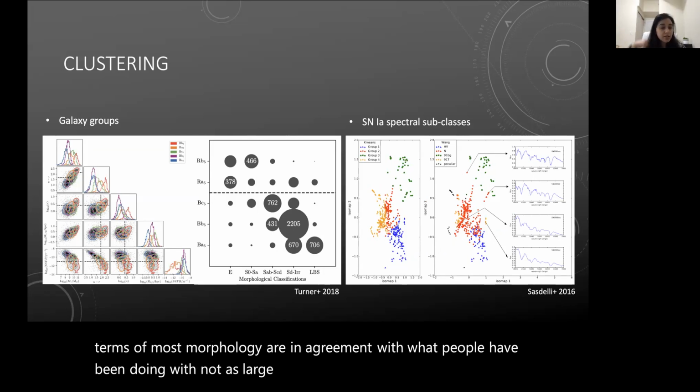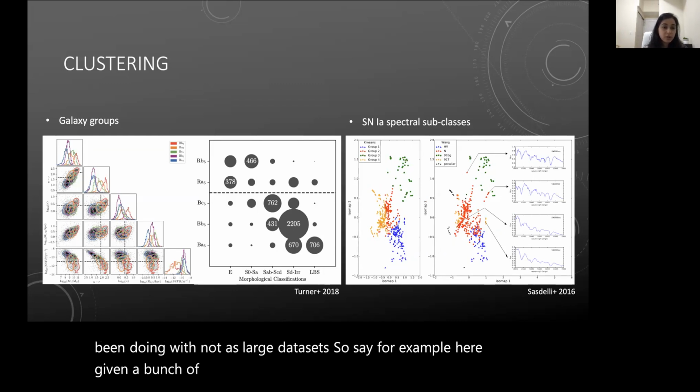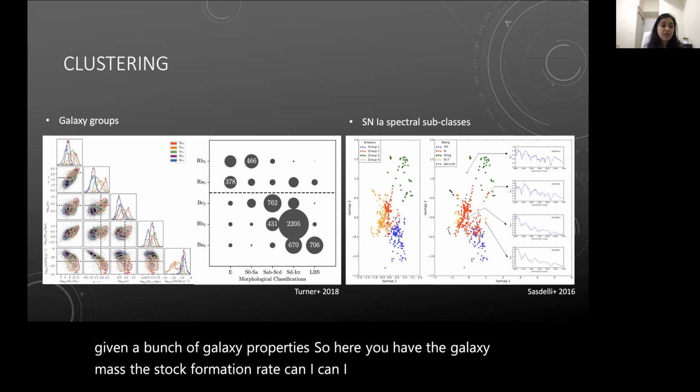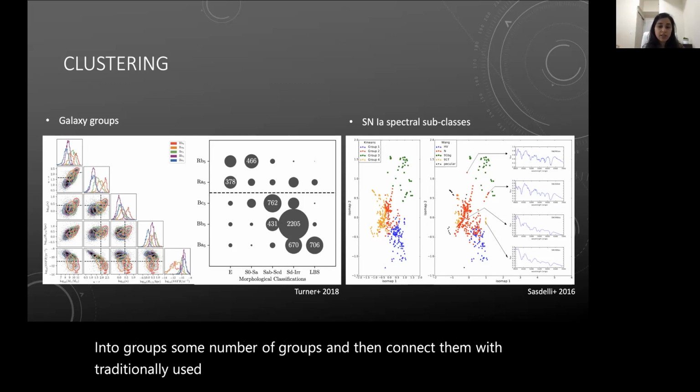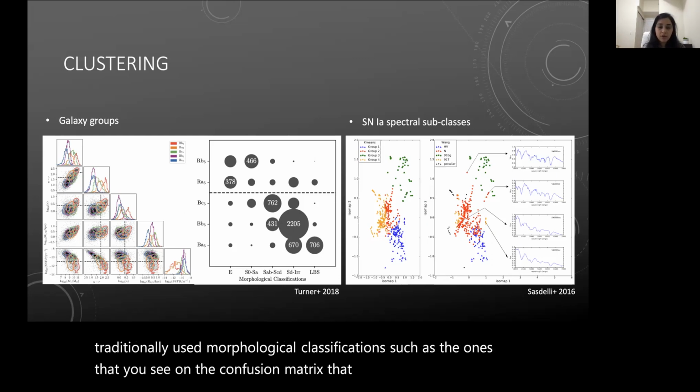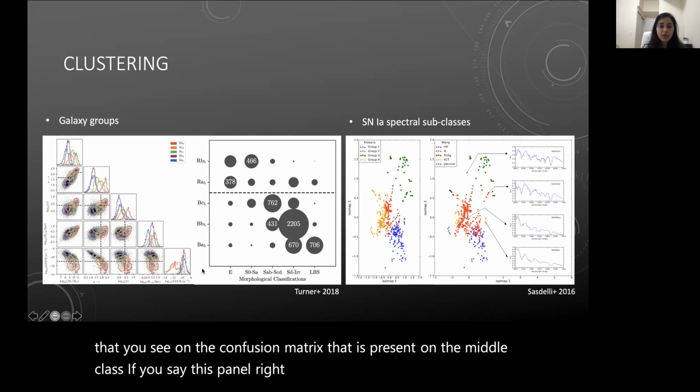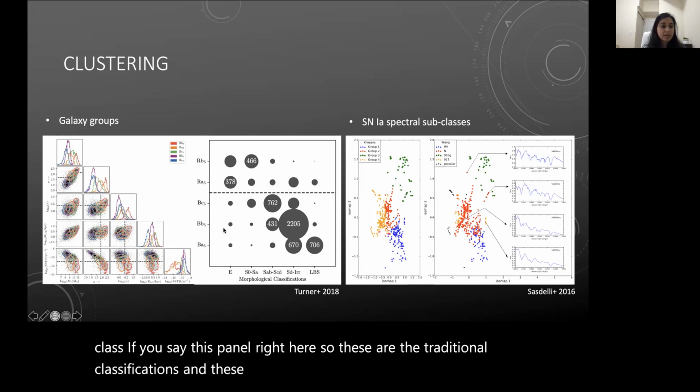Say, for example, given a bunch of galaxy properties, here you have the galaxy mass and the star formation rate, can I cluster the galaxies into some number of groups, and then connect them with traditionally used morphological classifications, such as the ones you see on the confusion matrix in the middle panel? These are the traditional classifications, and these are the ones that the authors find in an empirical fashion.